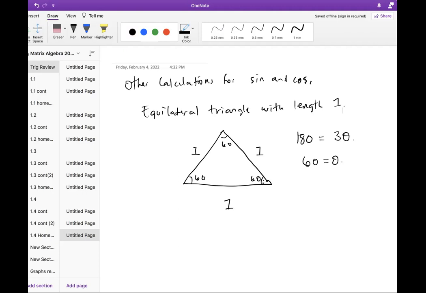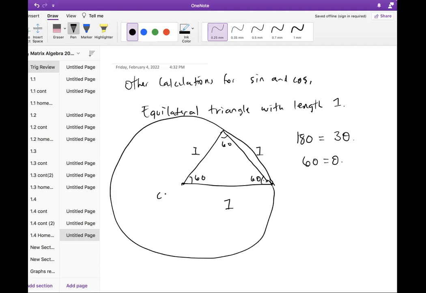So all we need to do now is figure out, if this is the circle, if we want to make a circle, and this is the center, we would want to find out what this x and y value is.